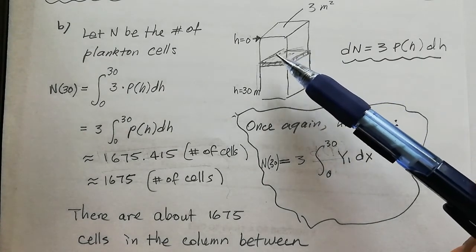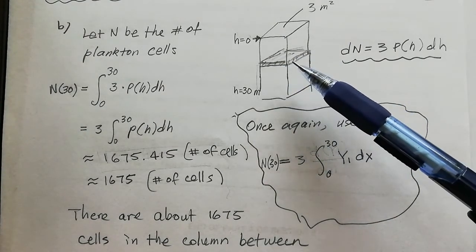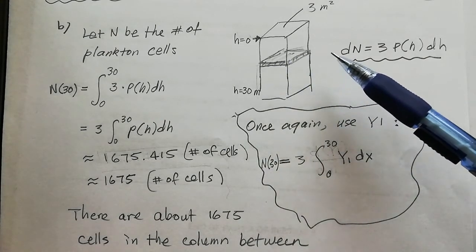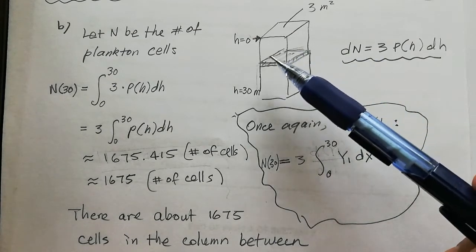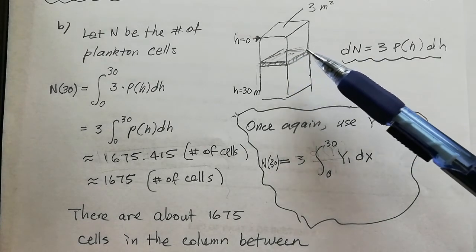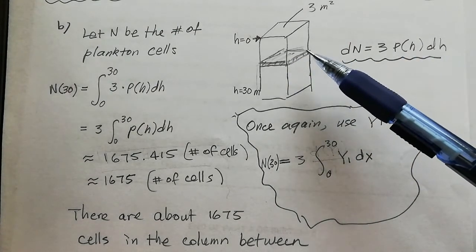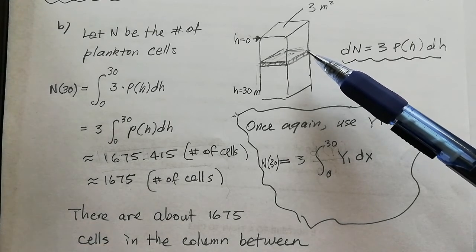For little volumes here, you can calculate how many cells are in there by finding dN. The dN should be equal to the area times the density times the little thickness, which is dh.